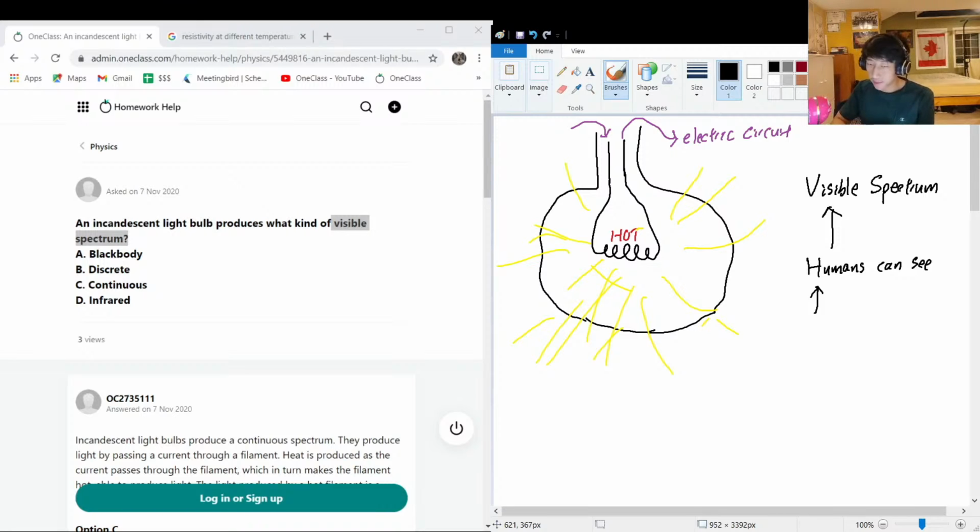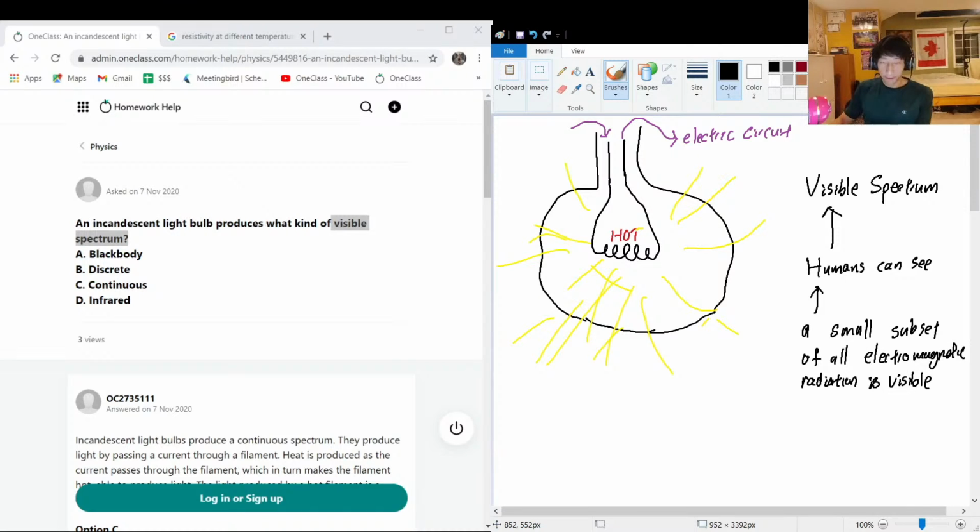A subset of the electromagnetic spectrum is the visible spectrum. So this is a small subset of all electromagnetic radiation that is visible.